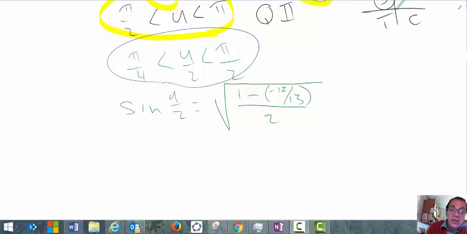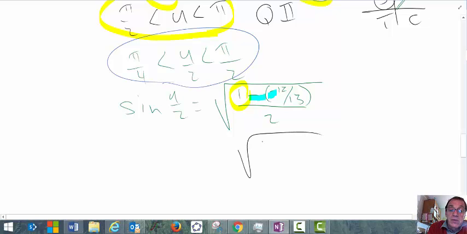So to simplify this radical, I'm going to treat that 1 as though it's 13 over 13. Now do keep in mind that this says minus here and that says minus there, so we're really going to be adding. So that's going to end up being square root of 13 plus 12 all over 13 all over 2.